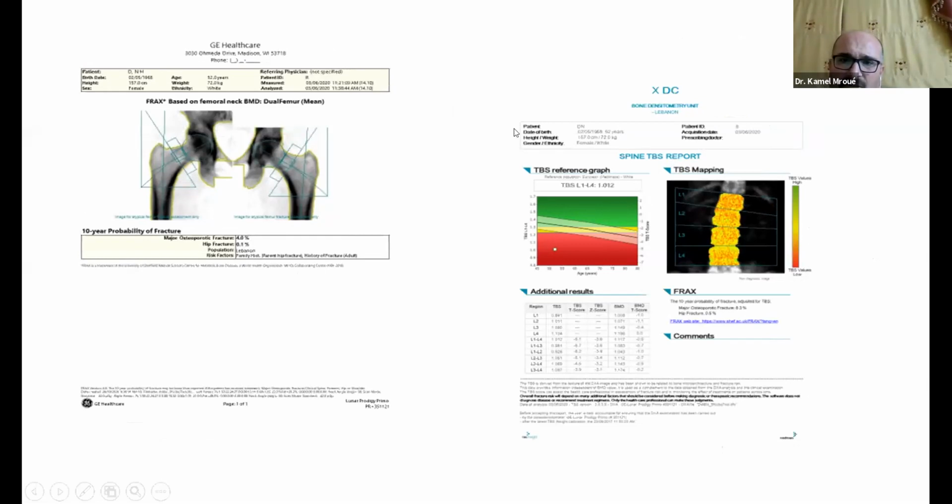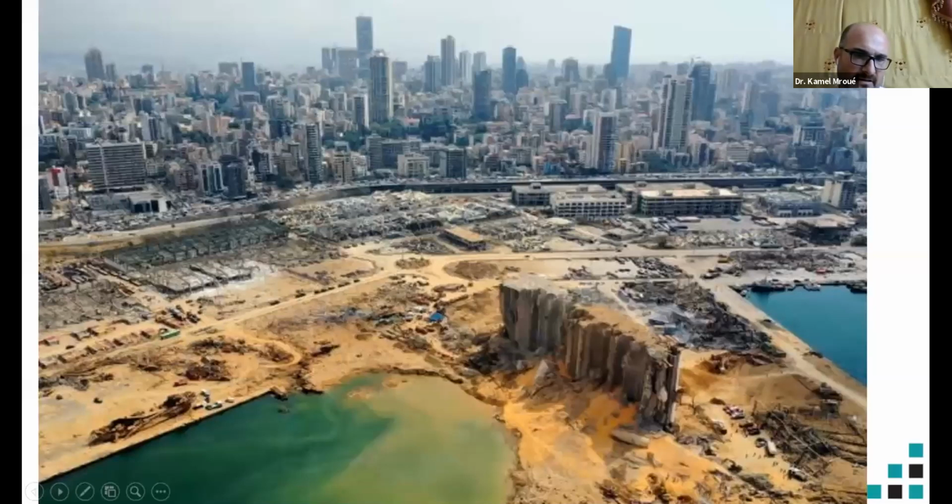Since her TBS was very low, around 1, her FRAX rose from 4 up to 8.3%. So even if you have a good bone density and a bad TBS, your FRAX will increase sharply. Okay, thank you. This is Beirut after our port explosion. Thank you for listening. I'm done.